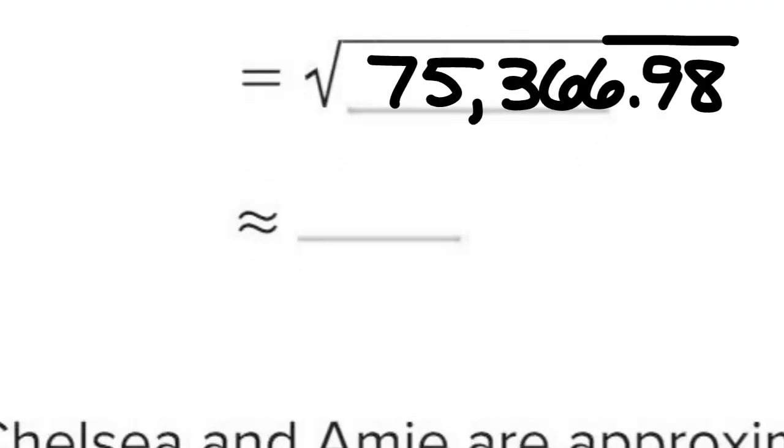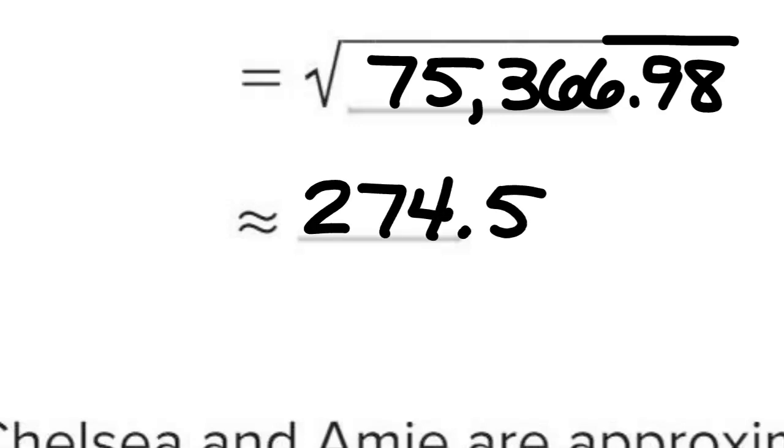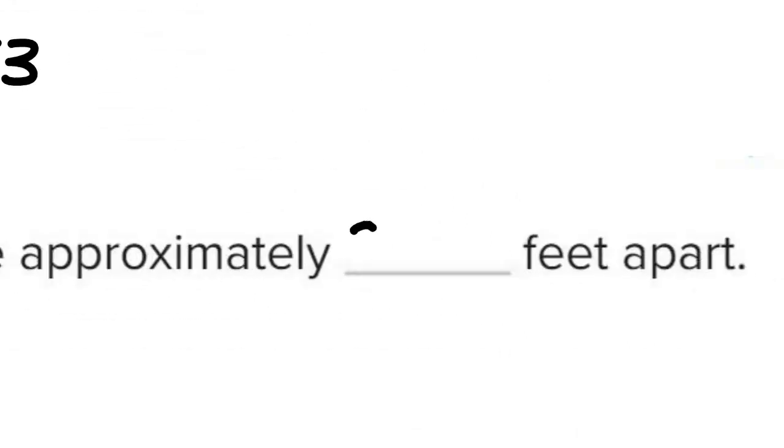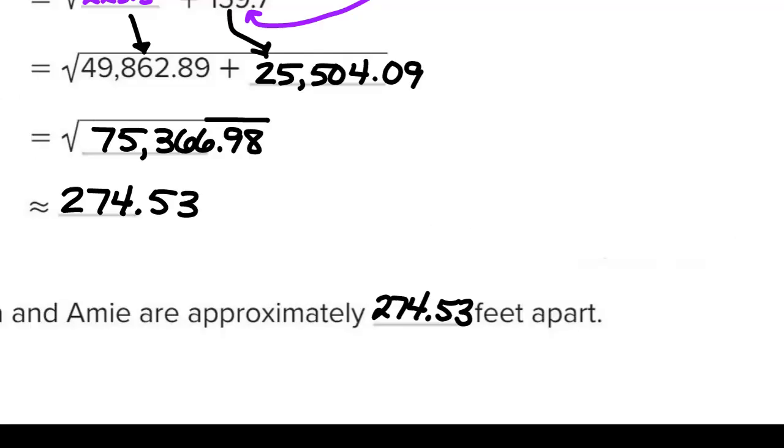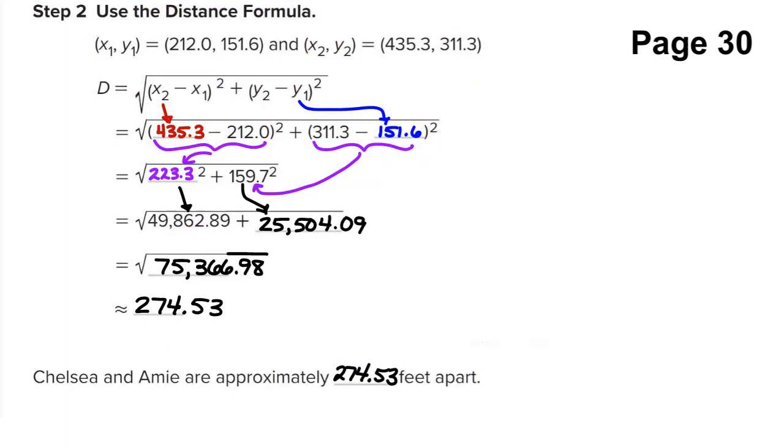And then when we square root that, we get about what? 274.5. Take it out two places for me. 53. Yep. 274.53.